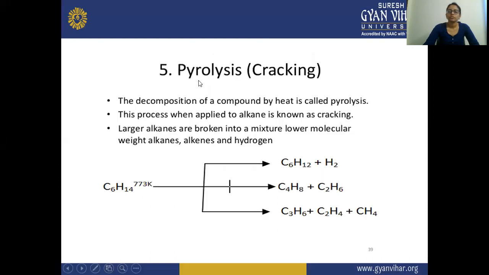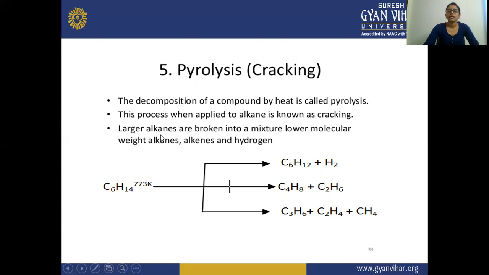Now the fifth method is pyrolysis. Pyrolysis means the decomposition of a compound by heat. When this process is applied to alkanes, it is known as cracking.